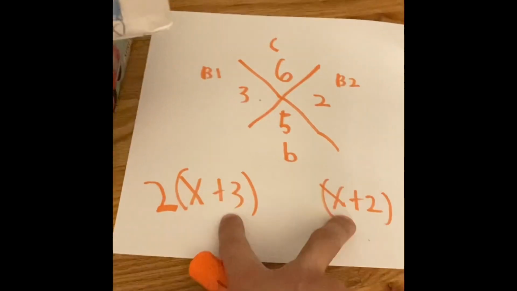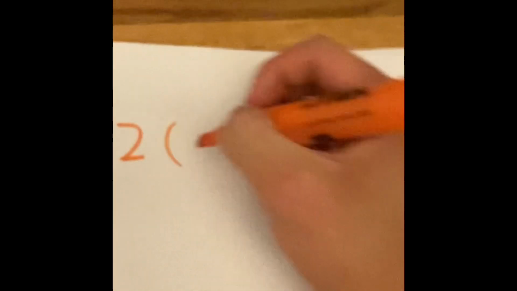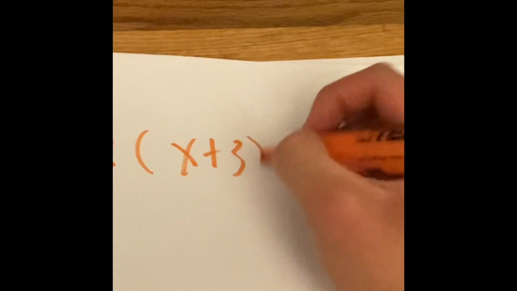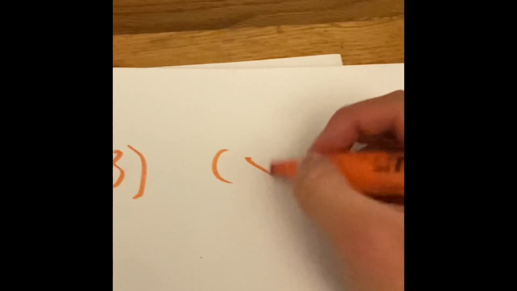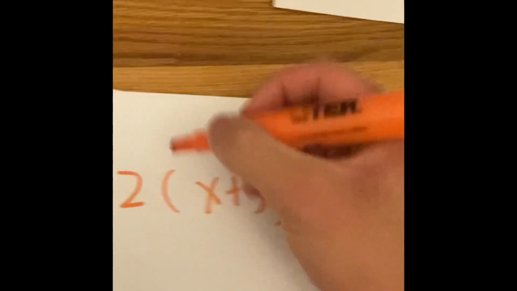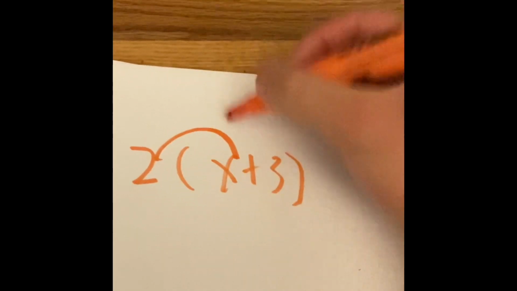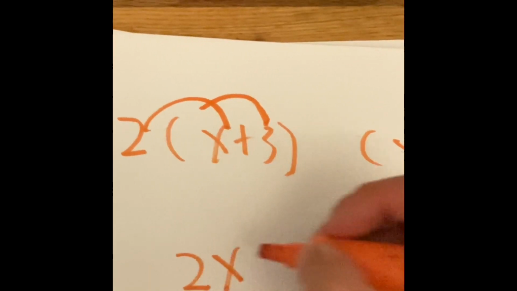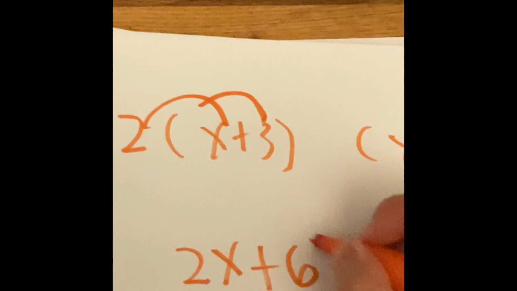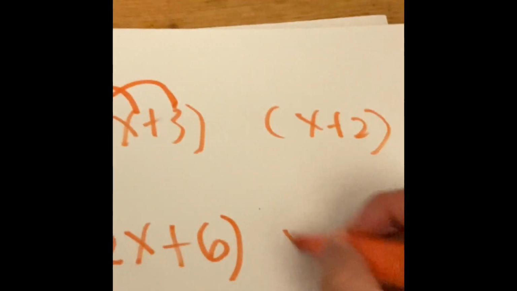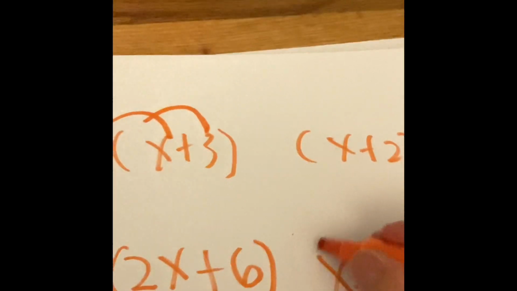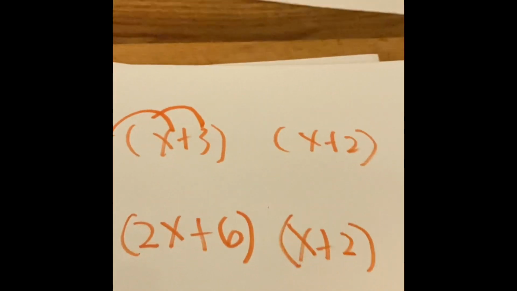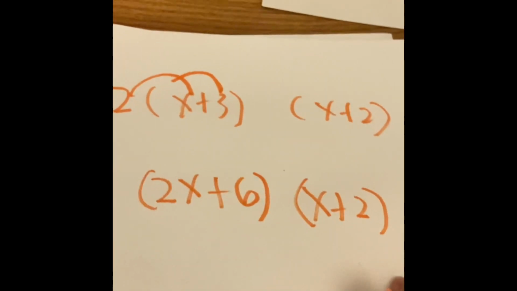Okay, so let's start solving. We have 2 parentheses x plus 3 parentheses x plus 2. So that 2 multiplied by x and 2 multiplied by 3 is going to be 2x plus 6 in parentheses, x plus 2 in parentheses. Now we actually solve it by using FOIL.